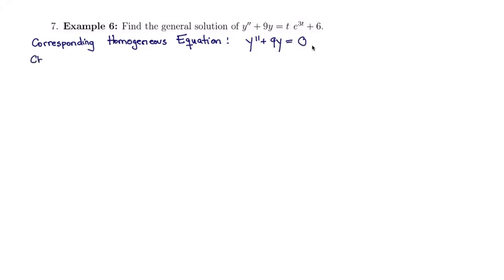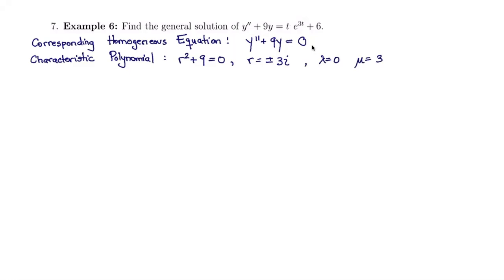As we have previously done, we find the characteristic polynomial, which when we solve, we find that the eigenvalues are both imaginary, where in this case lambda is equal to 0 and mu is equal to 3.